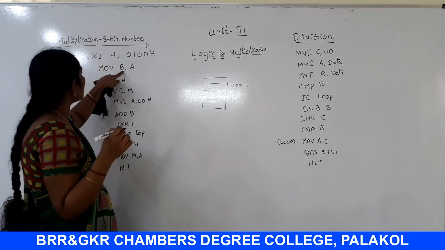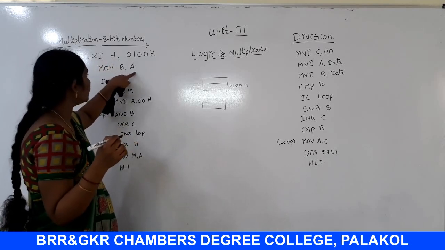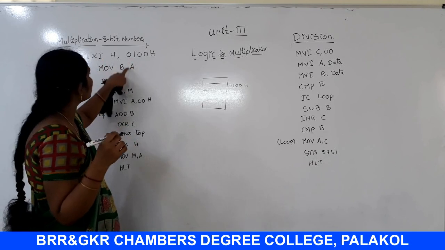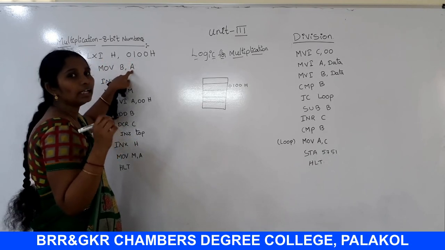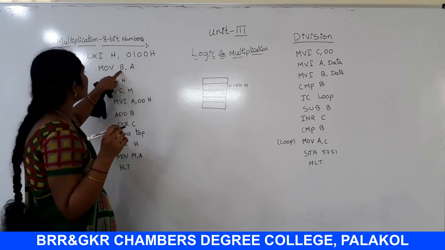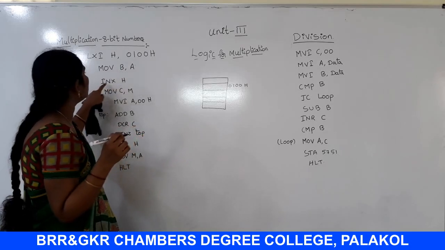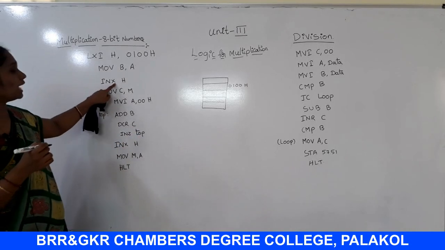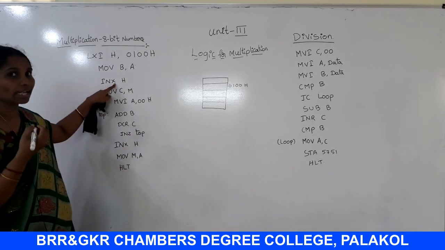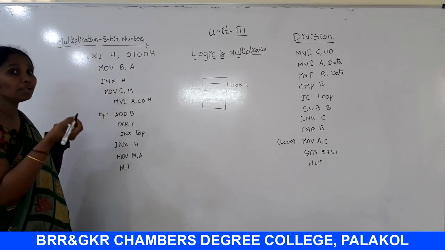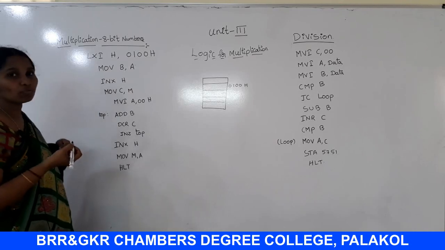Next I consider MOV B, A. Whatever data is in the A register is moved to the B register. The next one is INX, where X means a pair of registers.